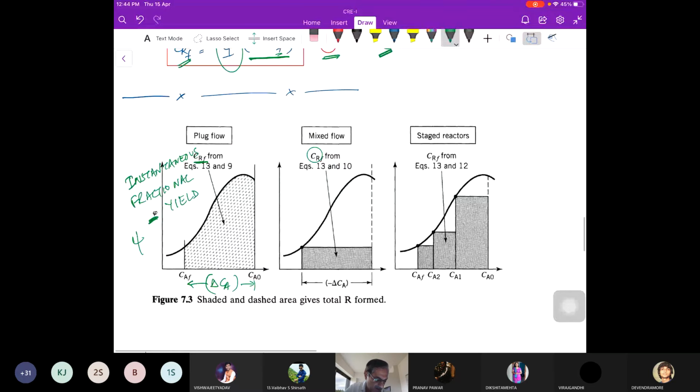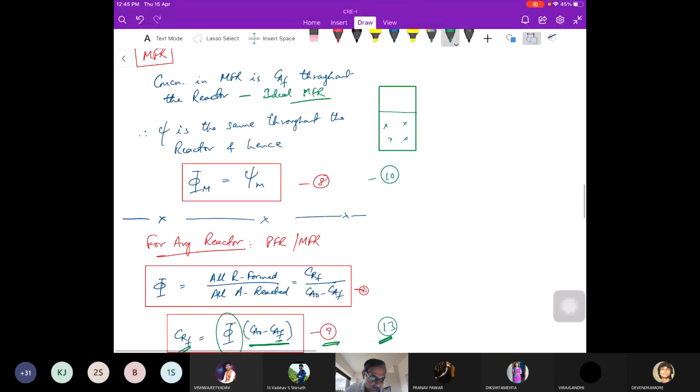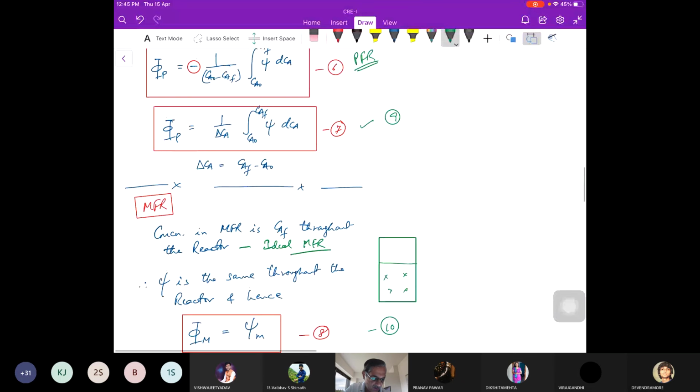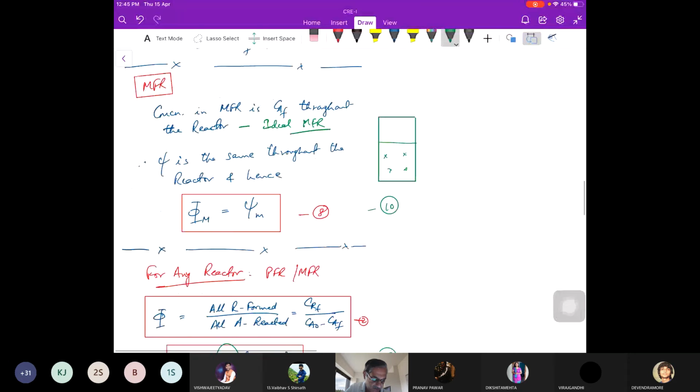That means if you find the area under the curve, psi versus CA, that will give what? Phi P into delta C, right?